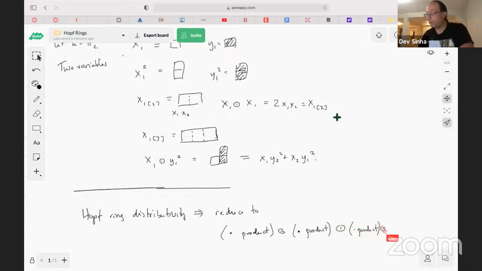Keep on going. Just like in a usual ring, any product of polynomials reduces to monomials, any product of Hopf ring elements can be reduced to these kinds of Hopf ring monomials.